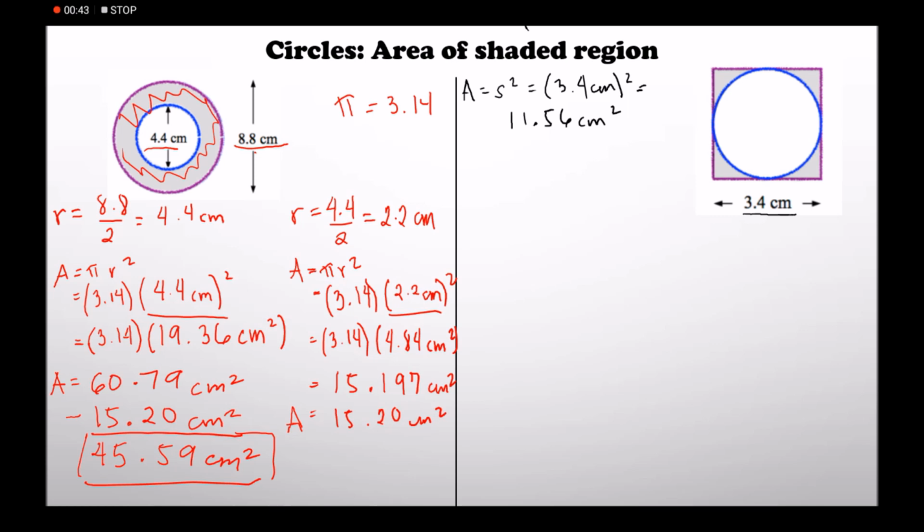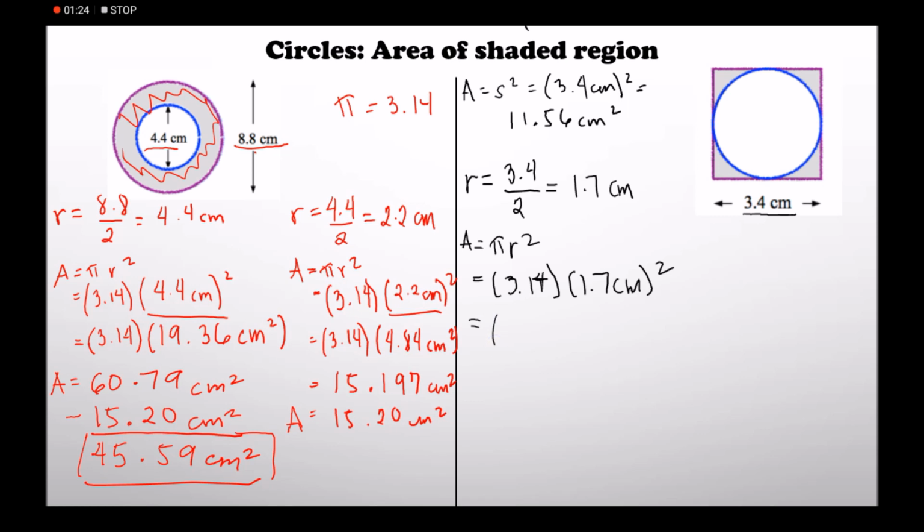Next, for the area of the circle, since it is a diameter, we need to change it into radius. So that will be 3.4 divided by 2, and that is equivalent to 1.7 centimeter as the radius of your circle. Now we can substitute to the formula. Area is equal to pi r square, and the value of pi is 3.14 times the radius, which is 1.7 cm, bracket square.